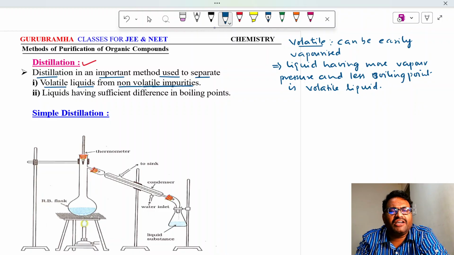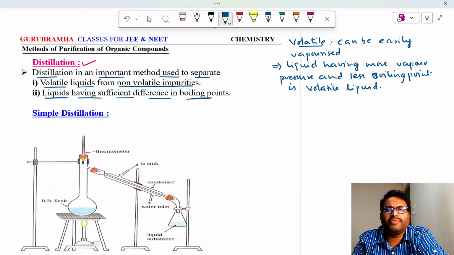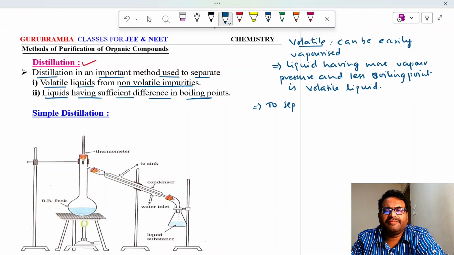And another use: liquids having a sufficient difference in the boiling points. So you can separate two liquids. Distillation can be used to separate liquids having more difference in their boiling points.